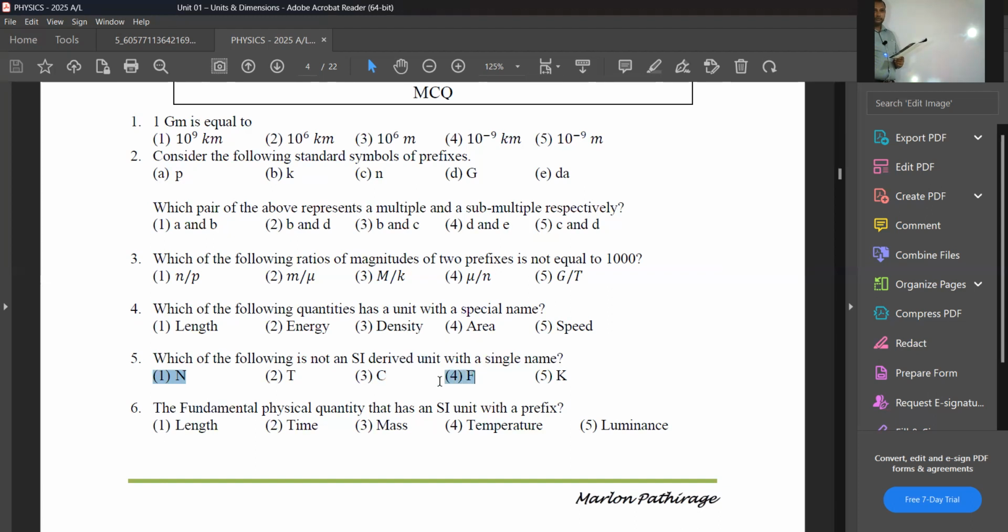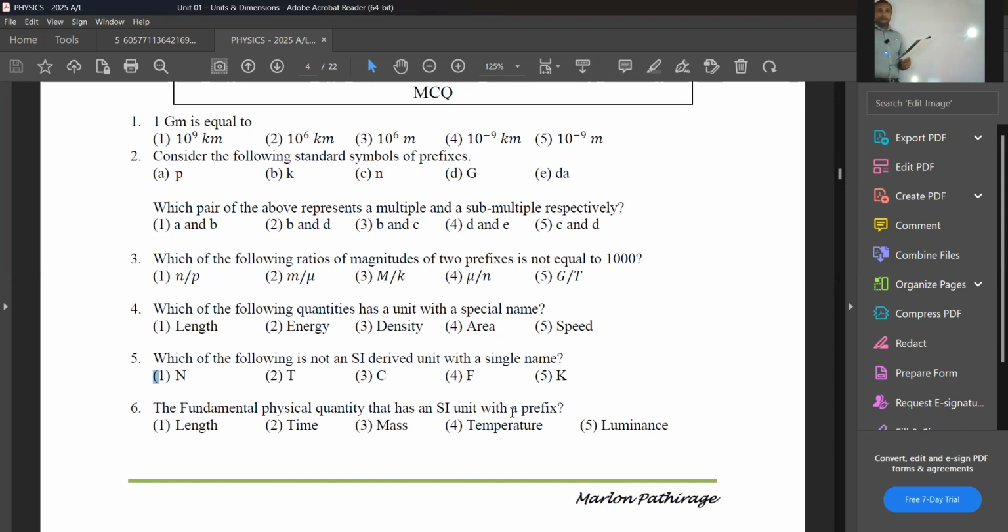F is equal to Farad. Farad is also a derived unit with a special name. Maybe you don't know about Tesla, Coulomb, and Farad, but you know this thing. Fifth one, Kelvin. You know this thing, Kelvin.